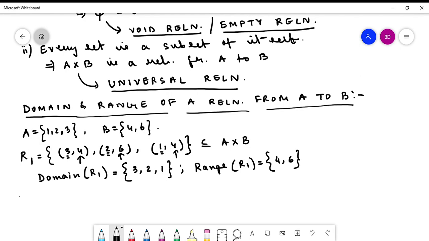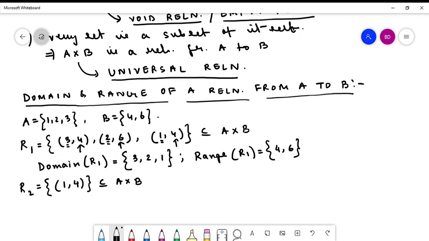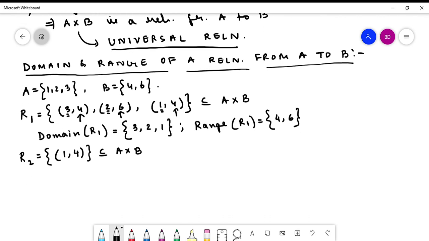Again, you can see here that the domain and range coincide with A and B over here. But this may not always happen. Suppose I choose a relation like this, R2. Suppose I choose (1, 4) only. So this is a subset of A cross B. So R2 is a relation from A to B. Now here, if you find the domain of R2, what will it be?